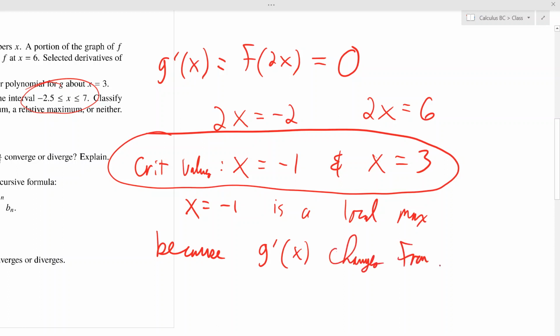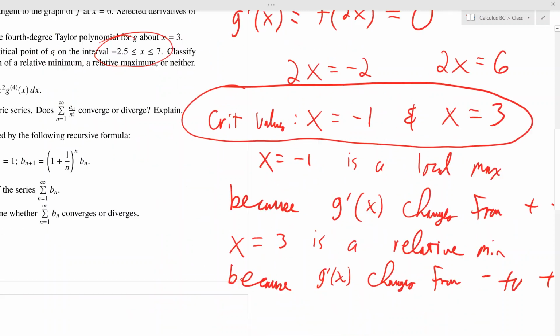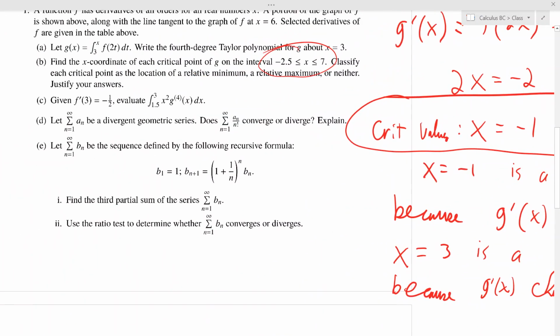Changes from positive to negative. And x equals 3 is a local or relative, they're the same, relative min, because I said so. G prime of x changes from negative to positive. Okay, everybody good? Sounds like it.